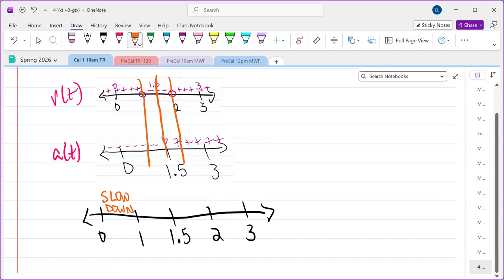Now my next one, my velocity has changed to negative and my acceleration is still negative. So now it's speeding up. Then 1.5 to 2, my acceleration flipped to positive, but my velocity is still negative. So now it's slowing down.